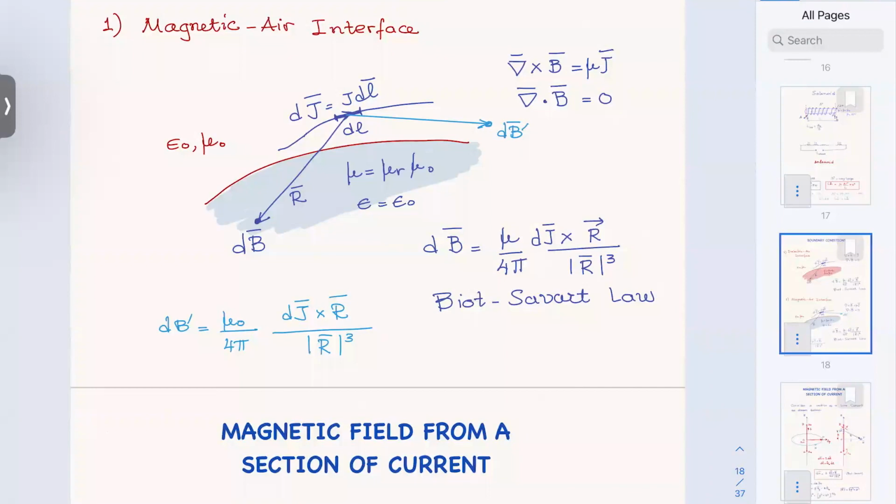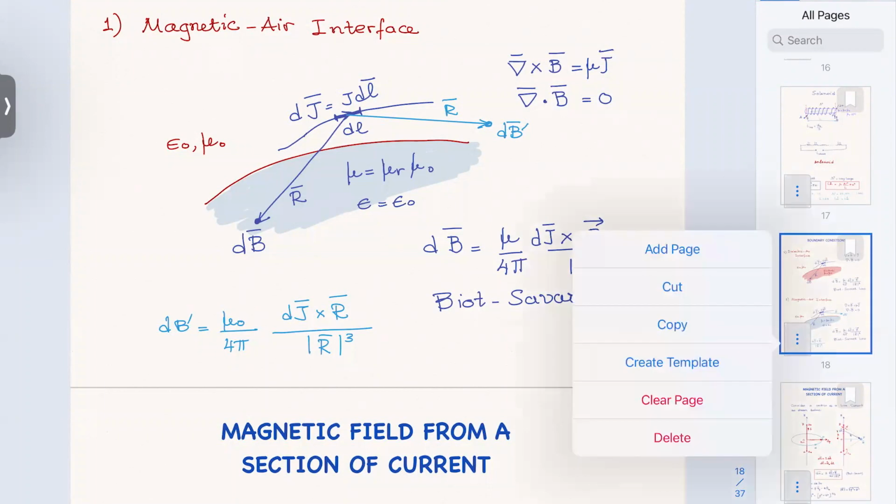So you see that even for the same distance from the source, the same vector, both in magnitude and direction, I mean, direction could be the same, however, in air the two values of the magnetic field are different. Why is that? Because one is in air and the other is in the magnetic.